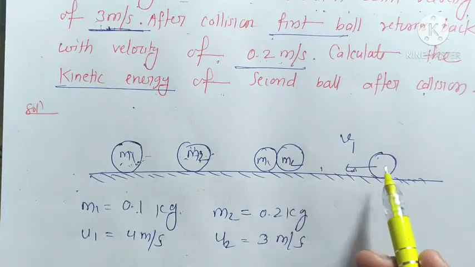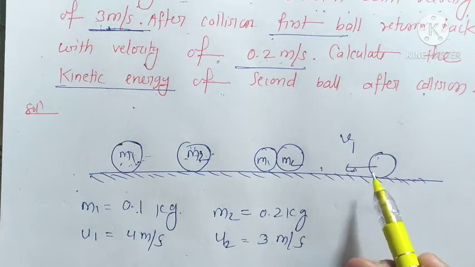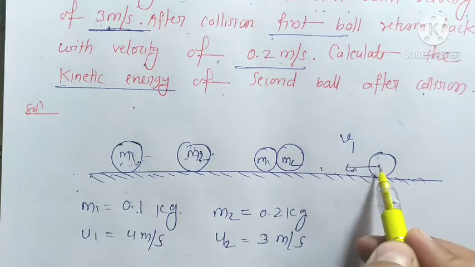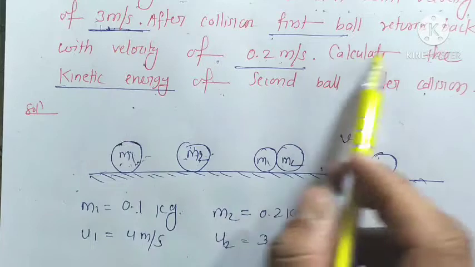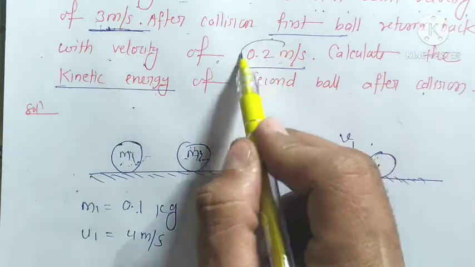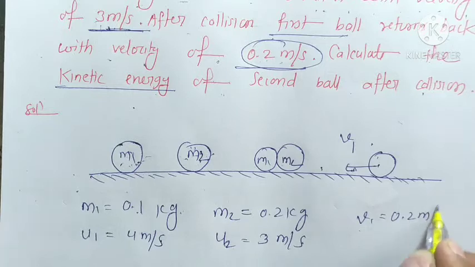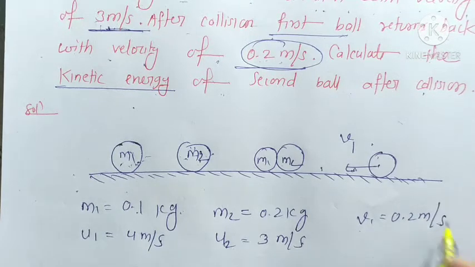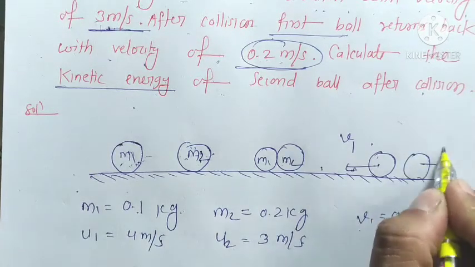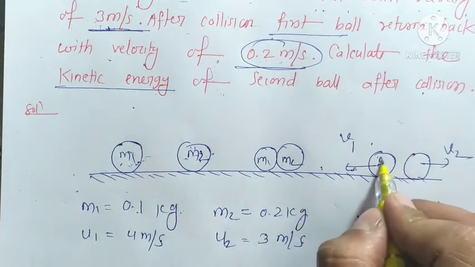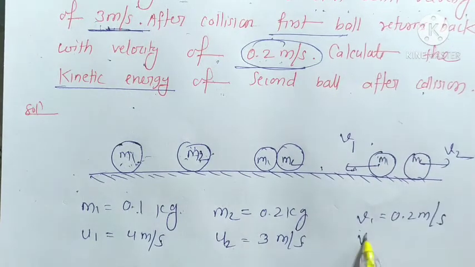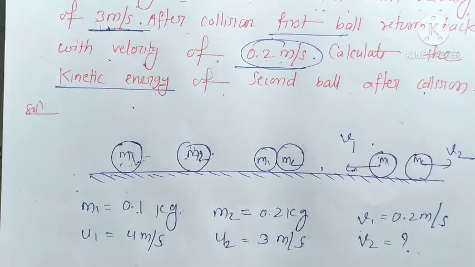After collision, both balls will have different velocities. The first ball returns back with velocity v1, already given as 0.2 meter per second, so v1 is equal to 0.2 meter per second. The second ball, of mass m2, moves with velocity v2, and we have to find this velocity v2.